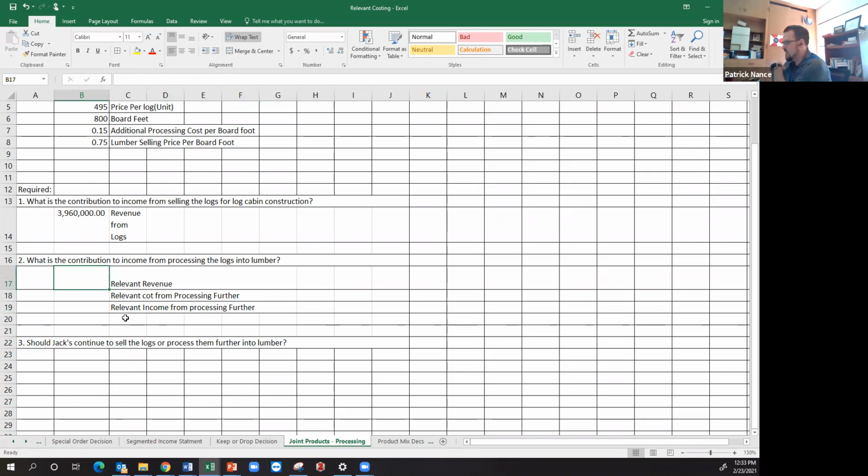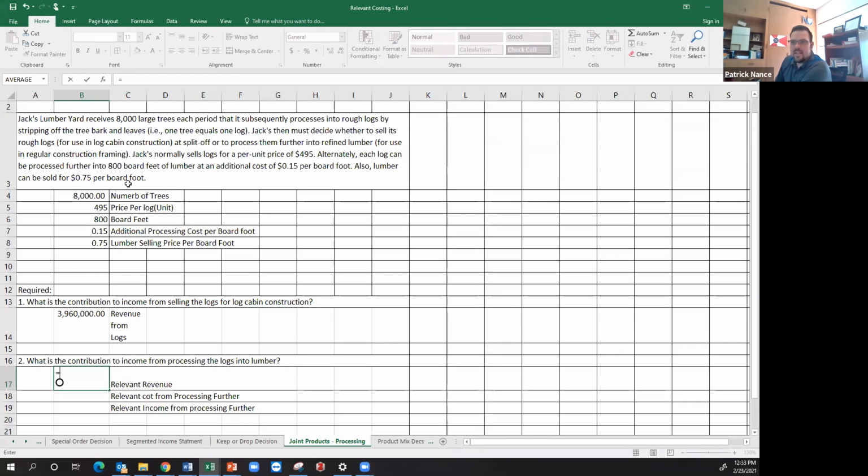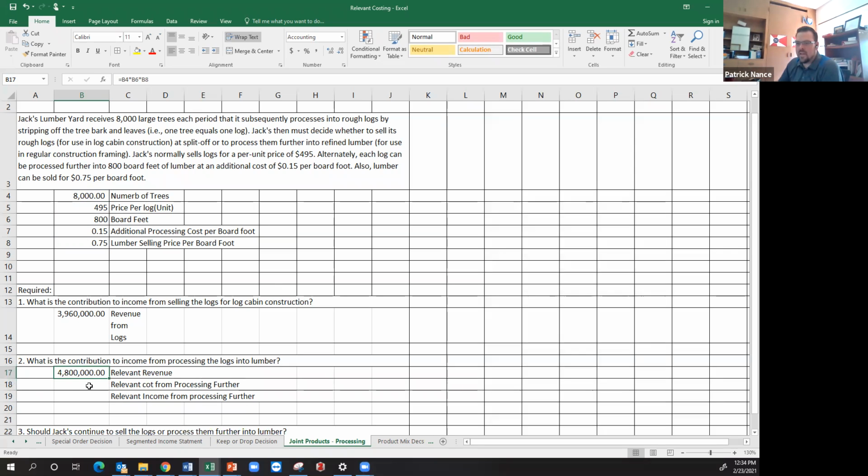Okay, so the relevant revenue: it says that each log can be processed into 800 board feet. So that means 8,000 logs, excuse me, times 800 board feet will give me the total number of board feet. And then I can sell those for 75 cents per board foot. So my relevant revenue is going to be $4.8 million.